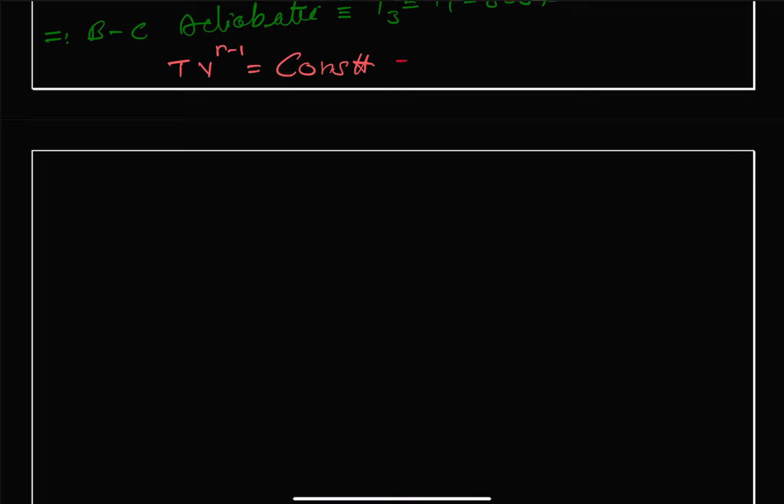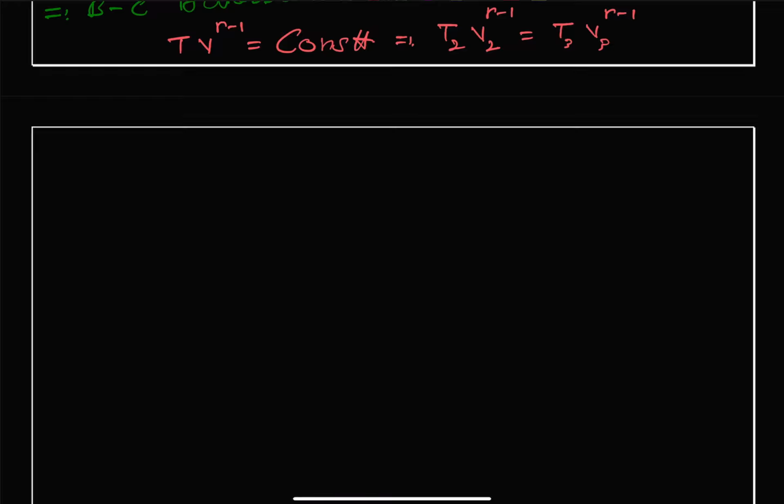So which basically means that T2 V2^(gamma-1) is equal to T3 V3^(gamma-1), and gamma is 5/3, so gamma minus 1 will be equal to 2/3.